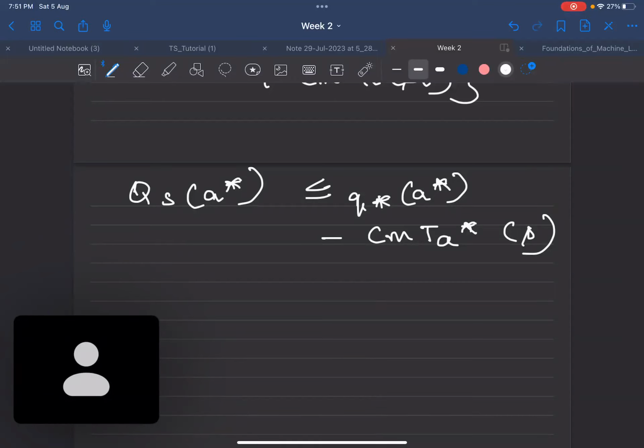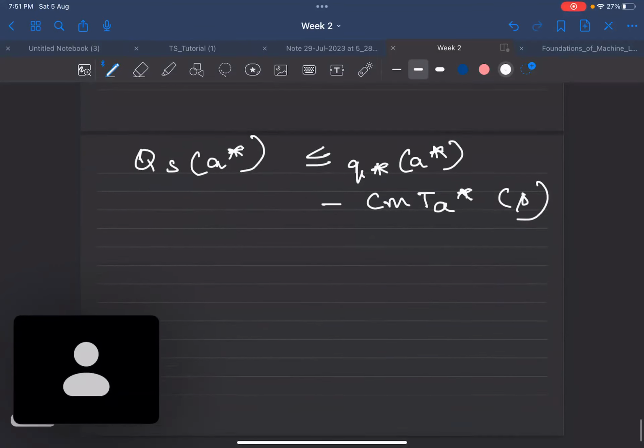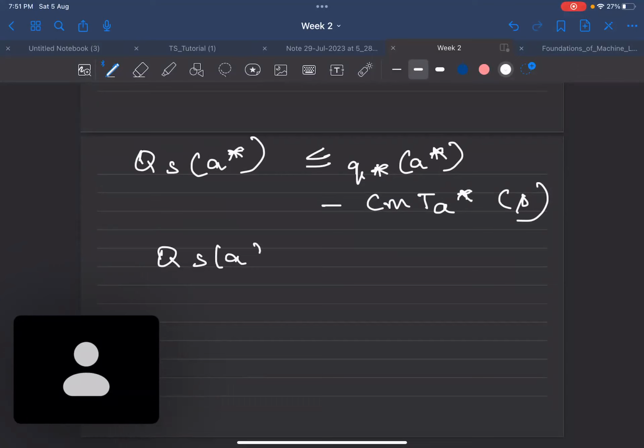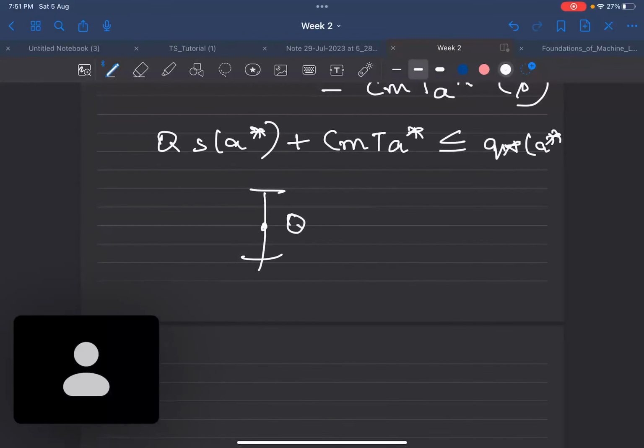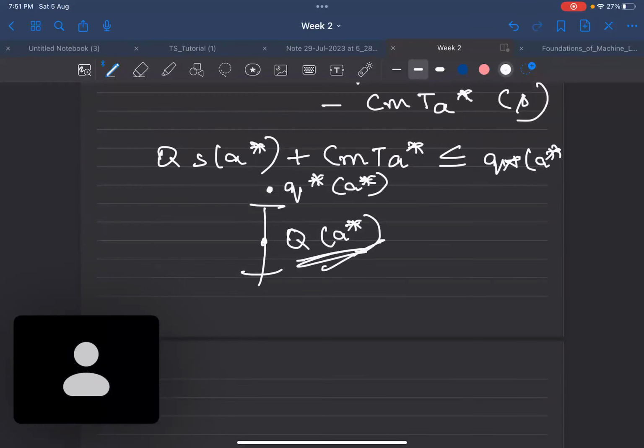Ma'am, this estimate is even lower than the optimal value minus the confidence interval, because this estimate is below the confidence interval of A star. Yes. As she said, this is Q of A star, the estimated one, and this is the true one. So Q of A star plus the confidence term is less than Q star of A star. Basically, when we are doing this estimation, we are underestimating the true one.